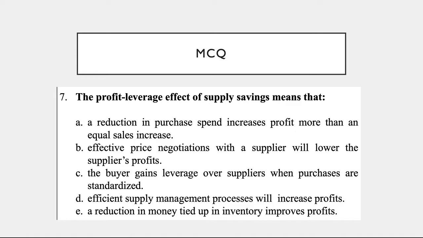D, efficient supply management processes will increase profits. E, a reduction in money tied up in inventory improves profits. Of course, here the answer is A. What is meant by profit leverage effect of supply? It basically means a reduction in purchase spend increases profit more than an equal sales increase.